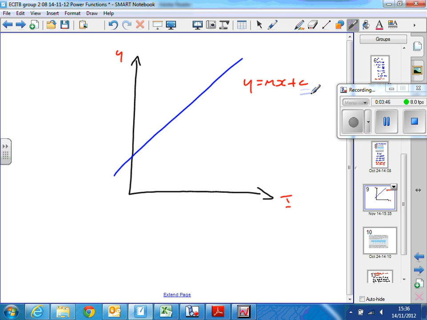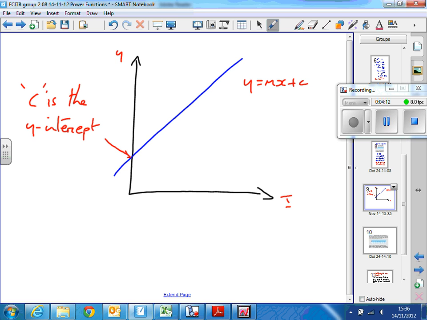Good. Yeah, where it goes through the y-axis at x equals 0. That's the word you're looking for, yeah. The y-intercept. So C is the y-intercept, where it cuts the y-axis. Here, in other words. Okay? So that's what C is in this equation of the line.